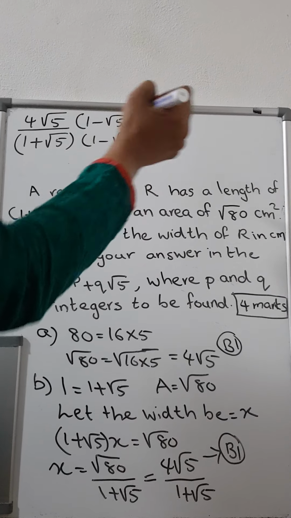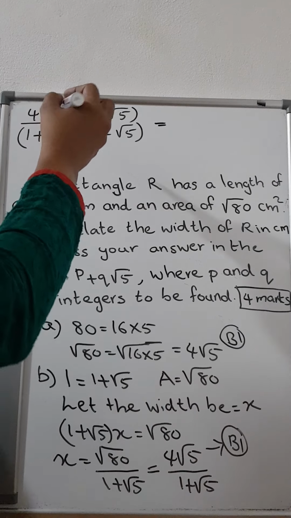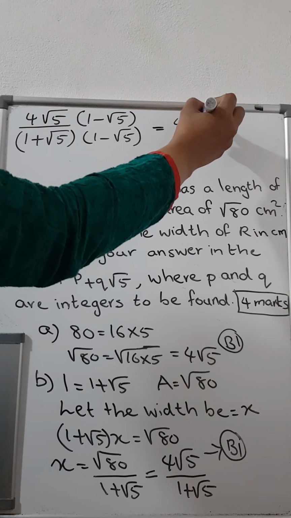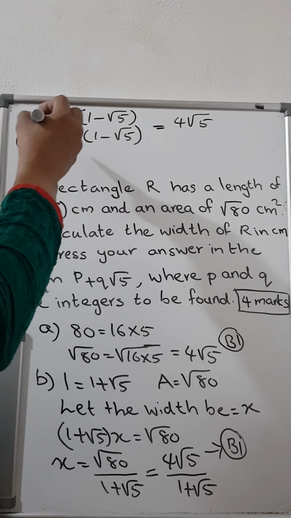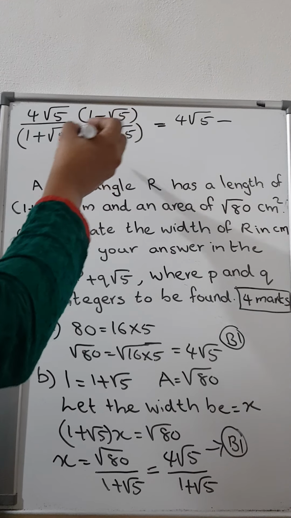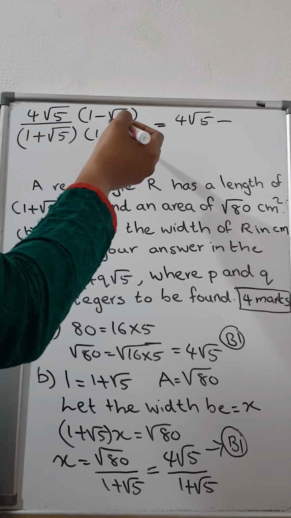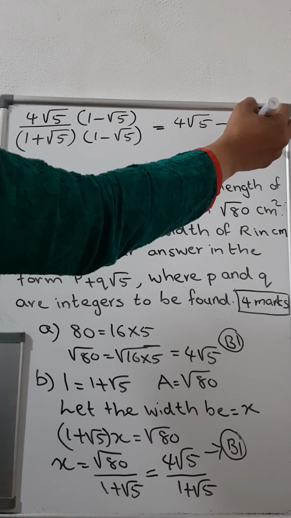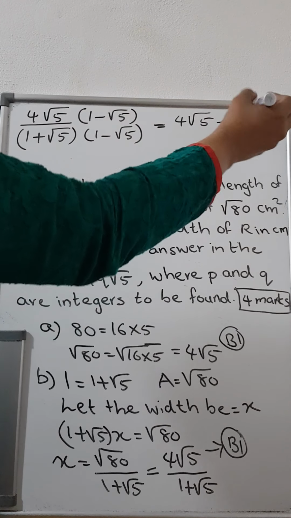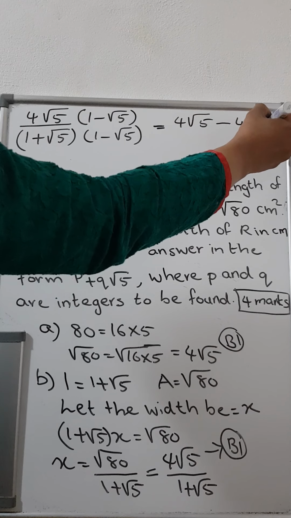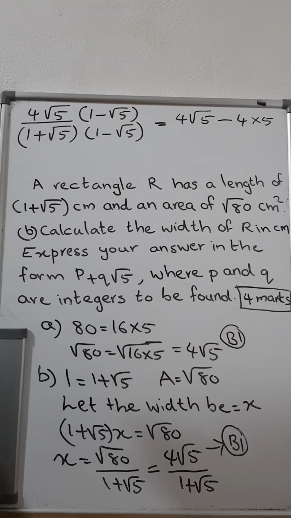That is 4 root 5 itself. Minus 4 root 5 times root 5. Or plus 4 root 5 times minus root 5. That is minus 4 root 5 times root 5. You see, 4 root 5 times root 5 is 4 times 5.